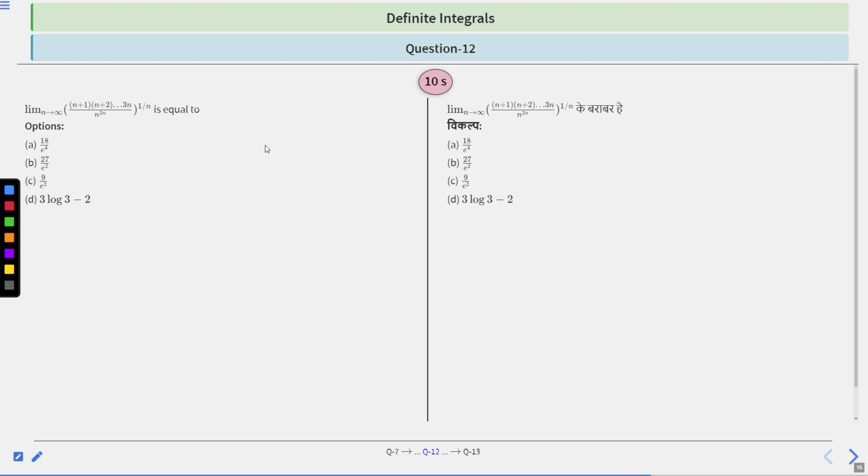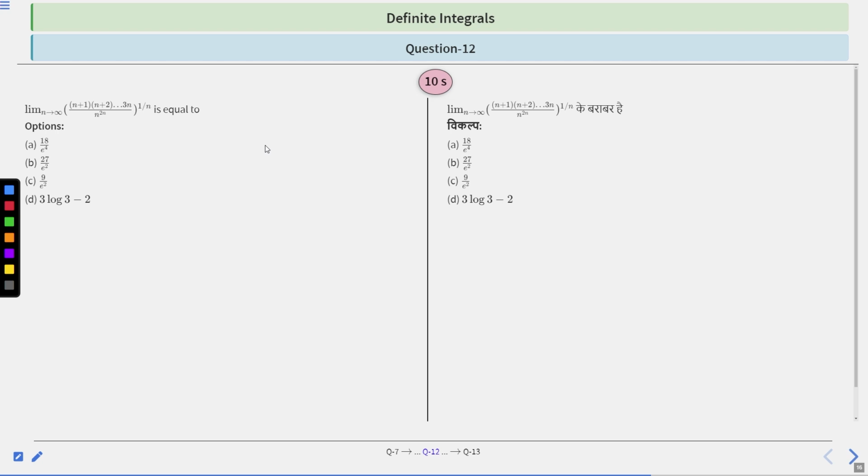So what we can do in this question is apply summation of series by using definite integration, which we can do by taking n as common.